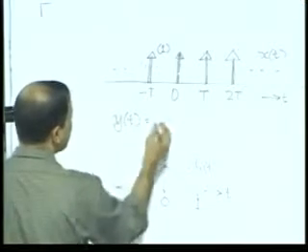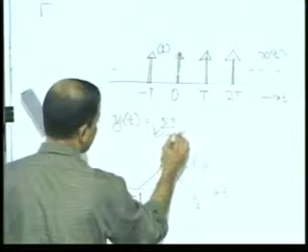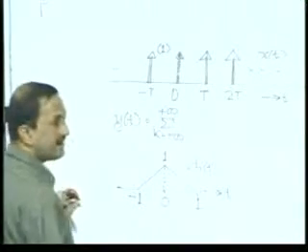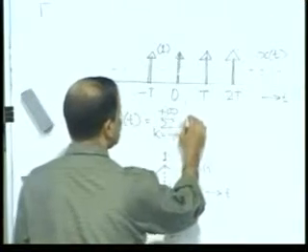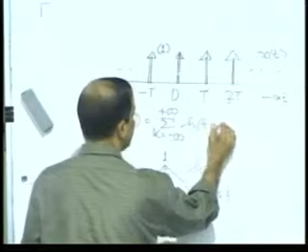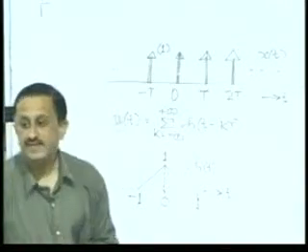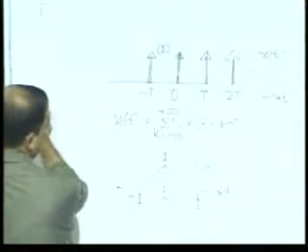Or not closed form, but in a series form. So y(t) is in fact summation k going from minus infinity to plus infinity h(t minus kT). Alright, that's the expression. But let's sketch this expression.